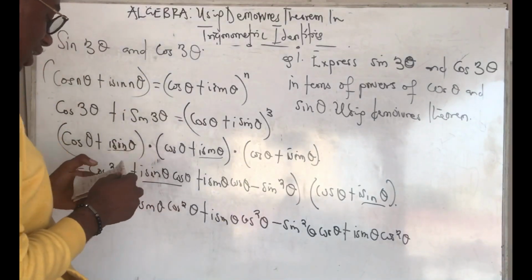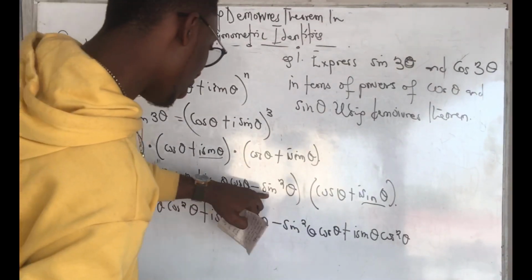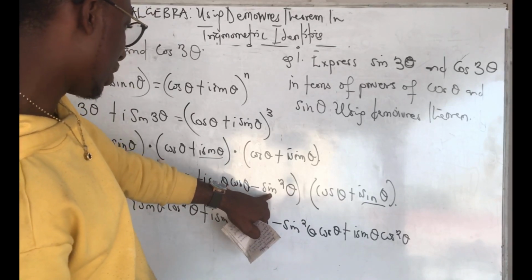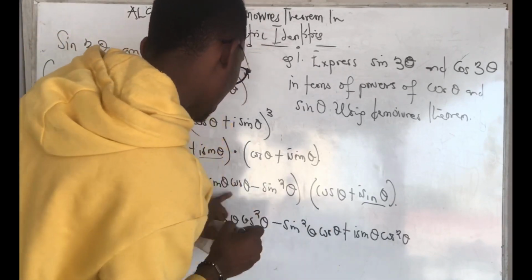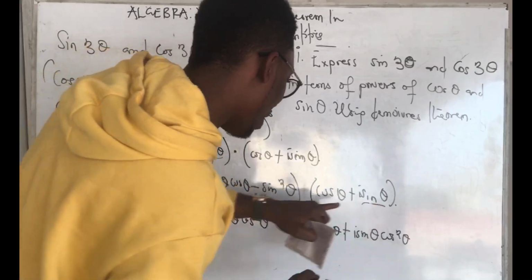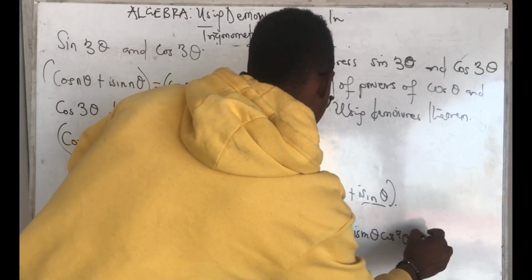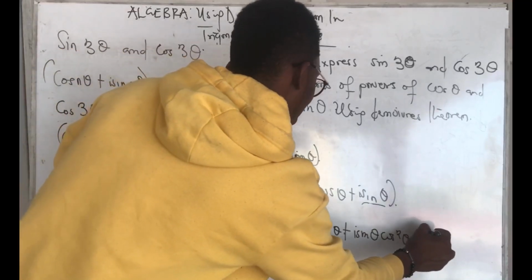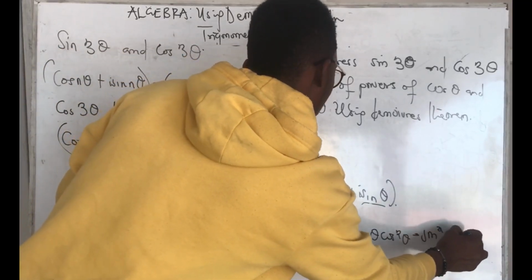i sin theta cos square theta. And we will come to the last one here. When we come to the last one, what will we be getting? This multiplying this gives minus, because it's i squared, minus sin square theta cos theta.